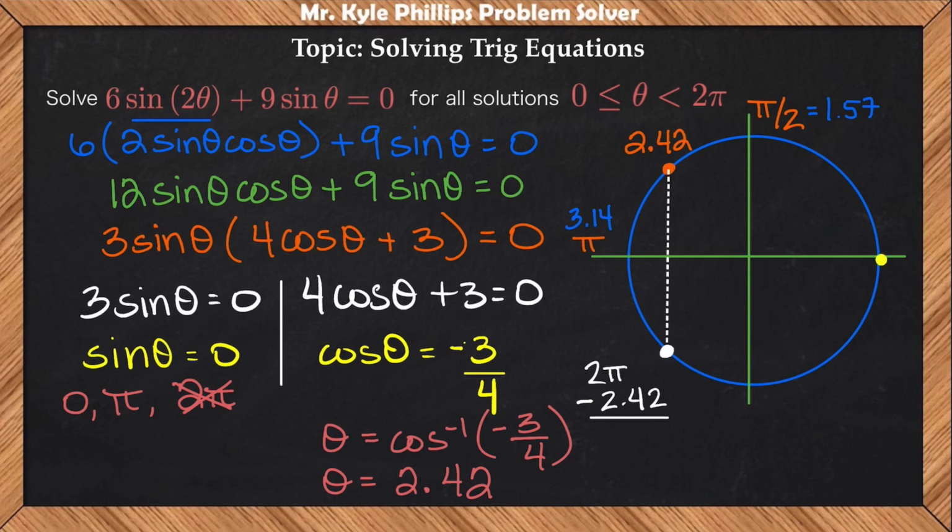So if I'm at 2 pi and walk backwards to get to this place, that would tell me how many radians it is starting from 0. So here I can say 2 pi minus 2.42, and that gives me 3.86. So here you have 4 solutions: 0, pi, 2.42, and 3.86. So these would be my 4 solutions.